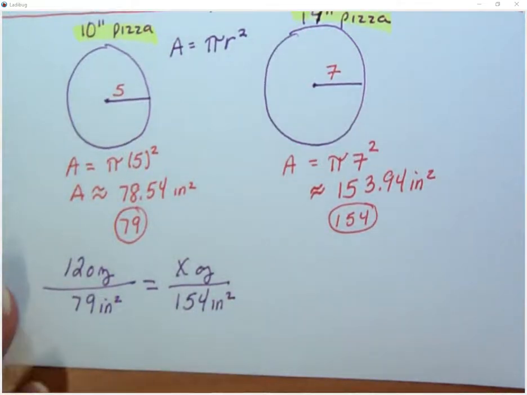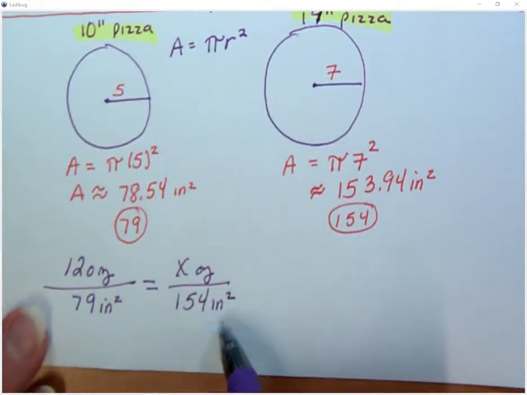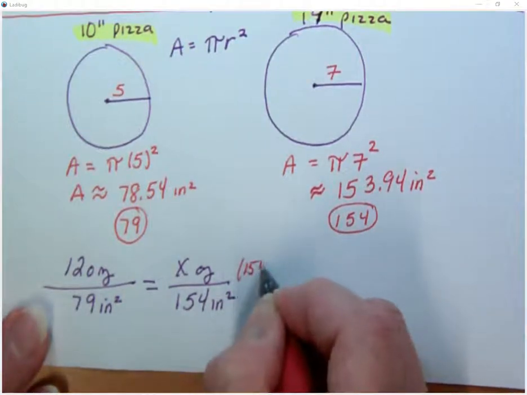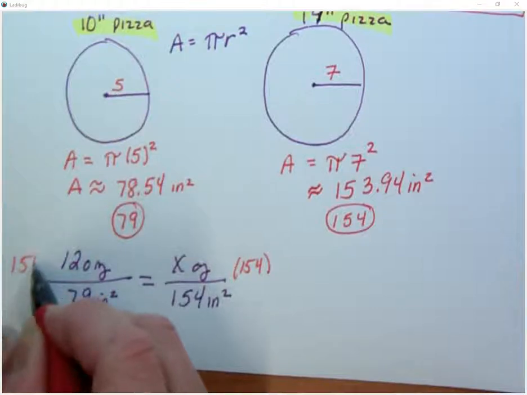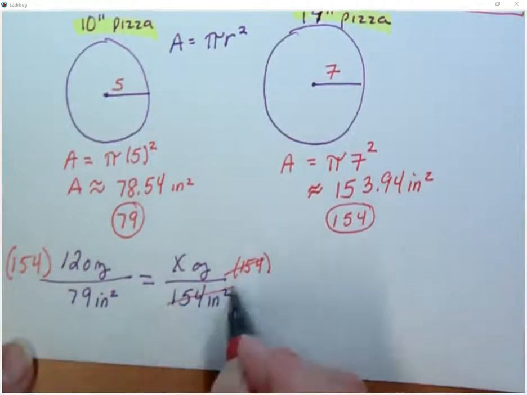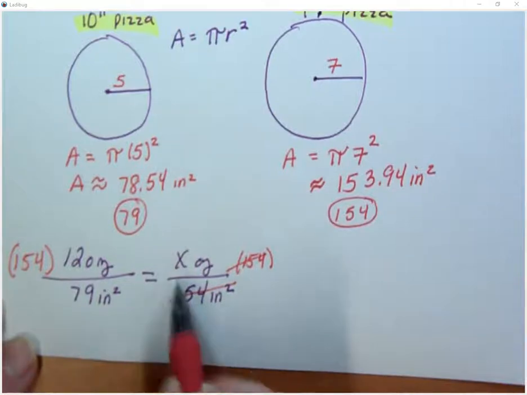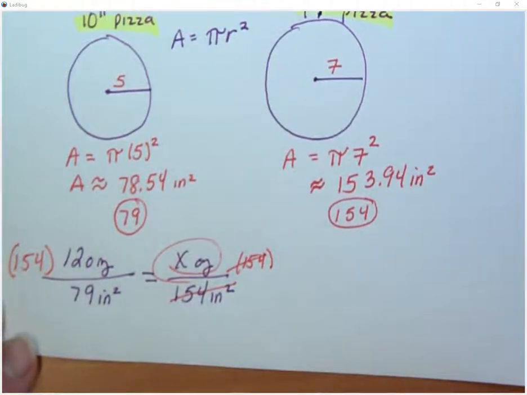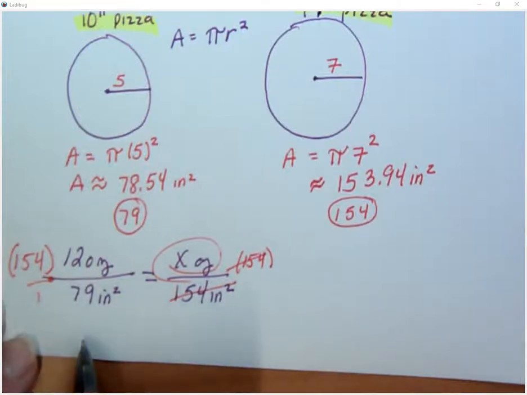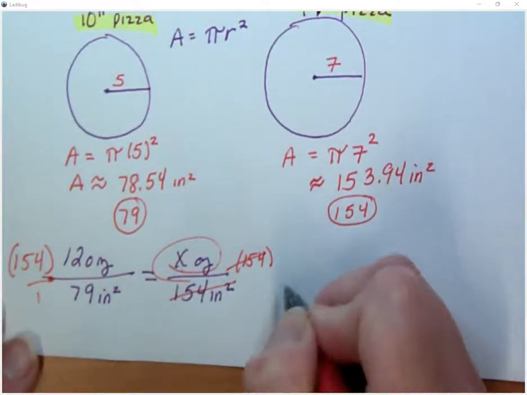So we can go ahead and just clear the denominator, or we can actually just multiply both sides by 154 here. That's easy enough to do. So that one will give us X in the numerator by itself. And now we just have to multiply these values out. We don't really need to cross multiply so much when we are having the variable in the numerator.